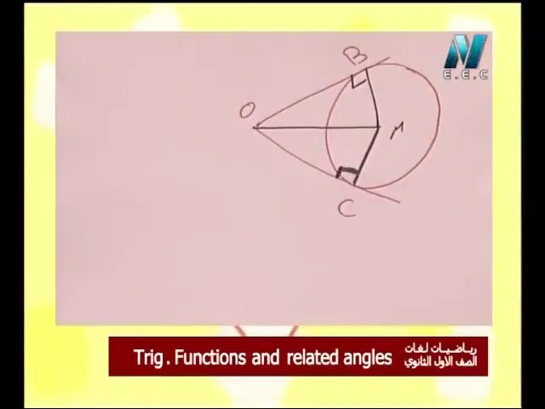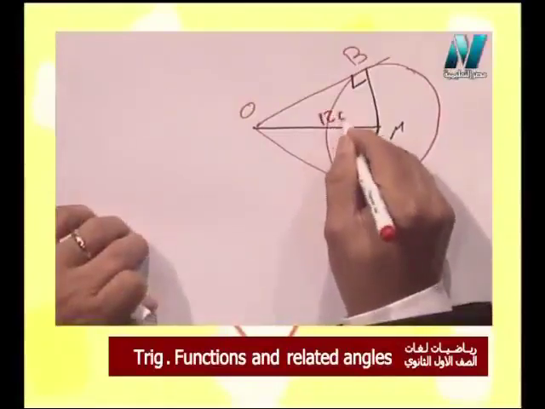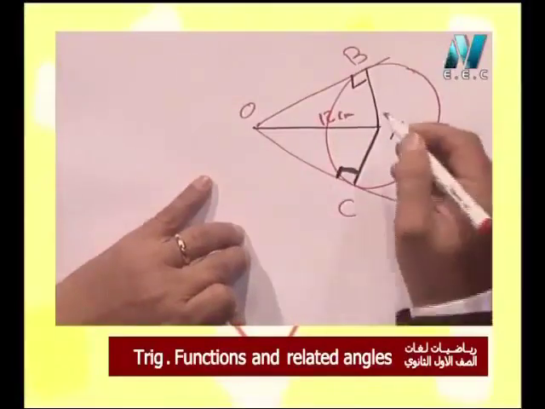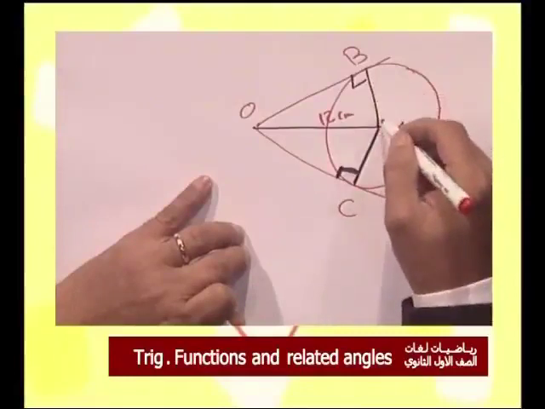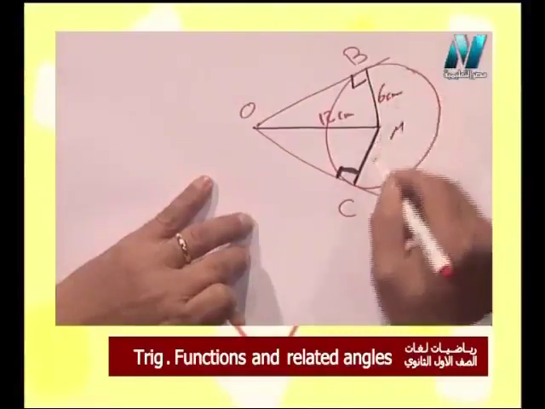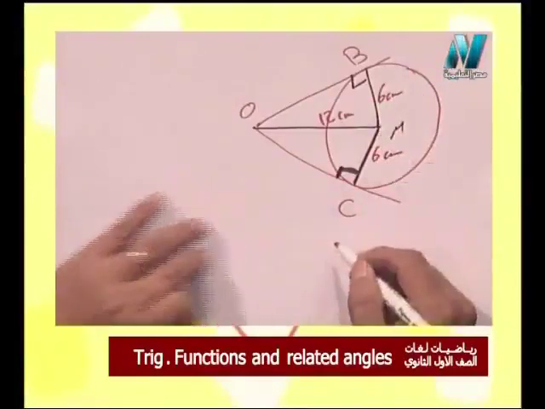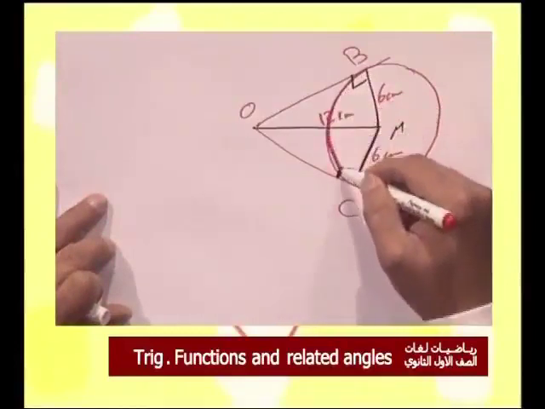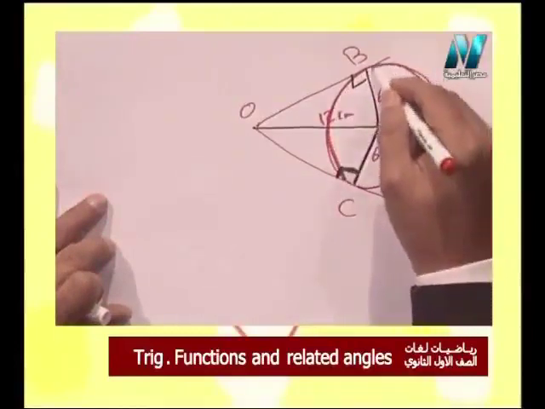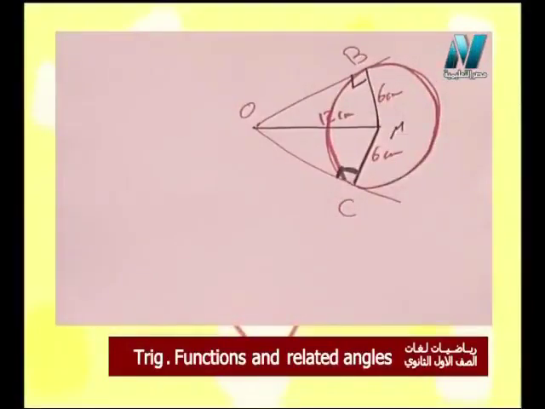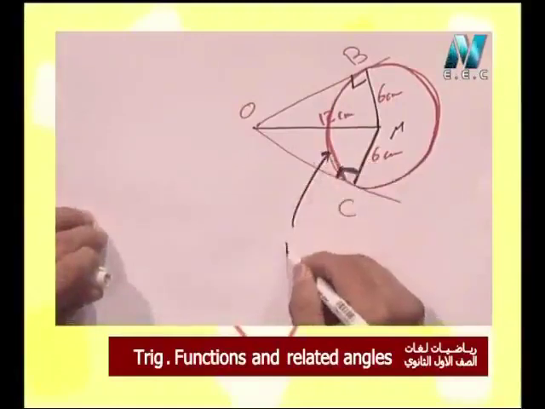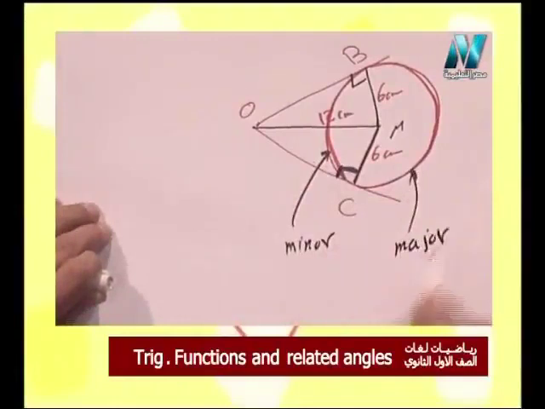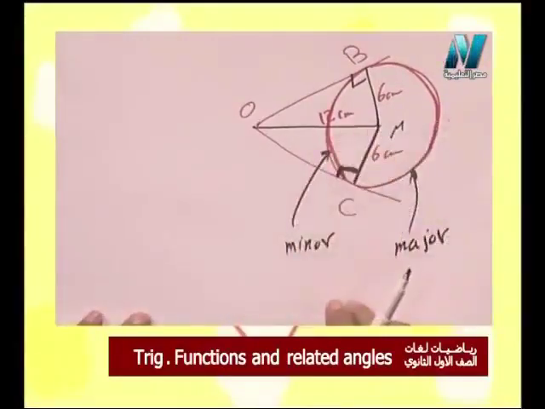OM here equals 12 centimeter, and we have here the radius equals 6 centimeter, and this is 6 centimeter, and he wants to find out the length of this arc and the length of this one. We call the small arc minor arc. This is minor arc, and this is major arc, and their sum equals the whole circle.